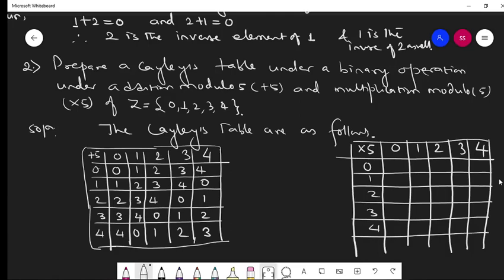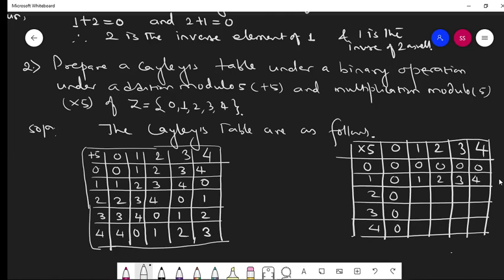You can remove the unnecessary part. Now this case is also the same. 0 times 0 is 0, 0 times 1 is 0, and 1 times 0 is 0, 2 times 0 is 0. This vertical and horizontal are all zeros. Now 1 times 1 is 1, 1 times 2 is 2, 1 times 3 is 3, 1 times 4 is 4.